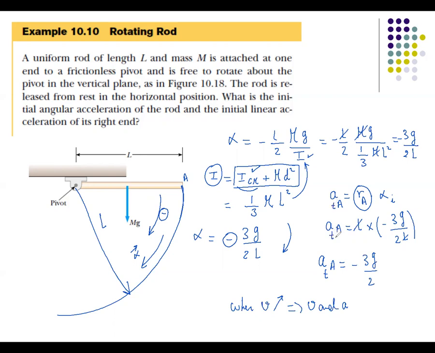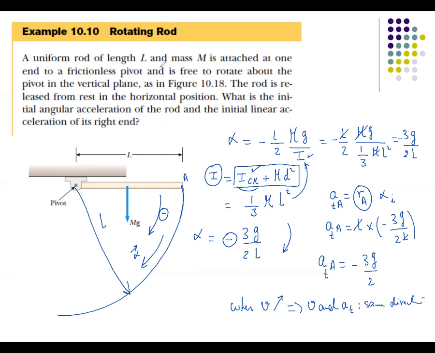If V increases, V and a tangent have the same direction. In this case, we have initial velocity equal to 0, and we released the system, so V increases.